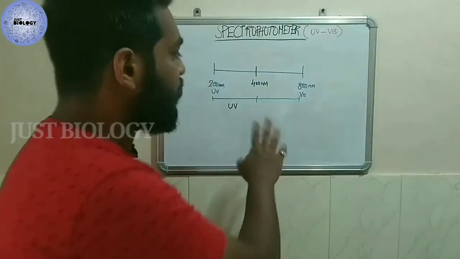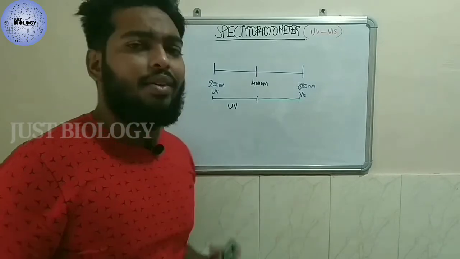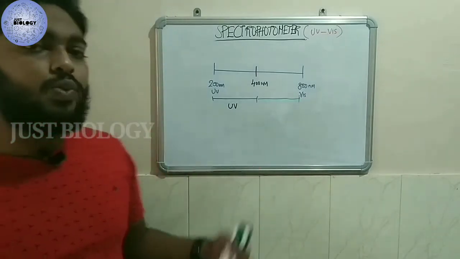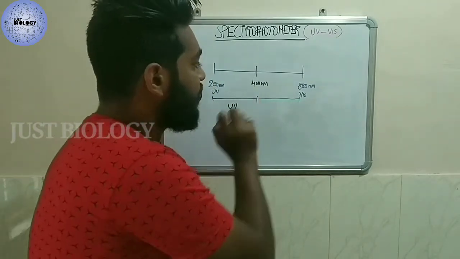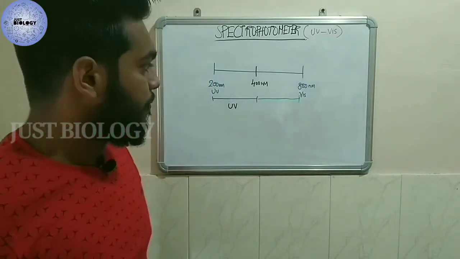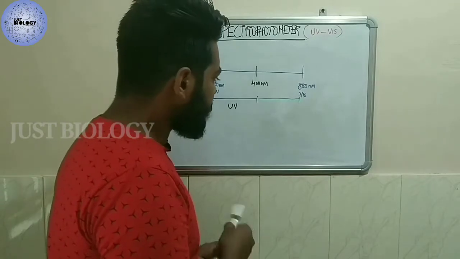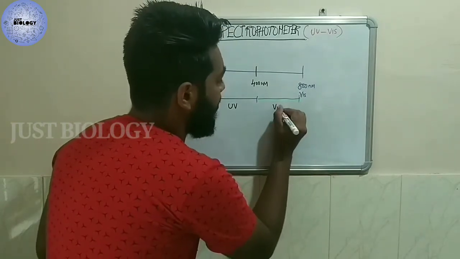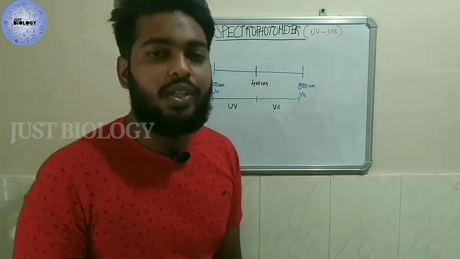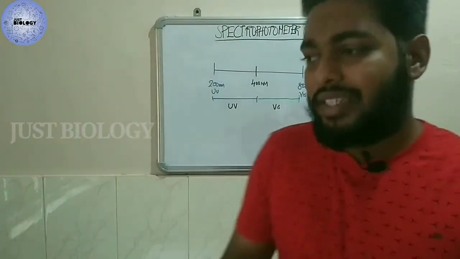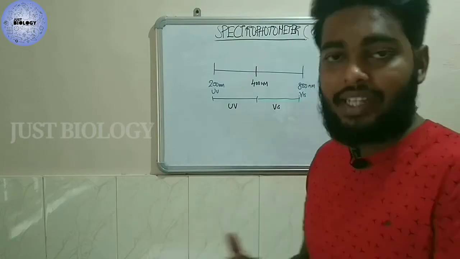All these colors, blue, red, white and all the colors which we can see with the naked eye, we can refer to from 400 to 800 nanometers. This is the visible range. Apart from the UV and the visible, we have different rays also.